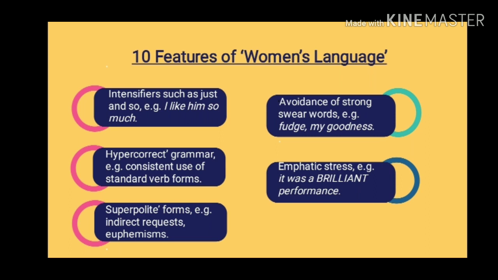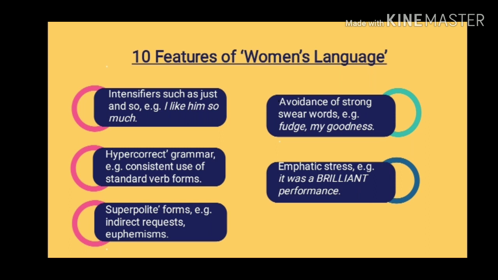A euphemism is a polite expression used in place of words or phrases that might otherwise be considered harsh or unpleasant. For example, passed away instead of died, powder your nose instead of go to the toilet.